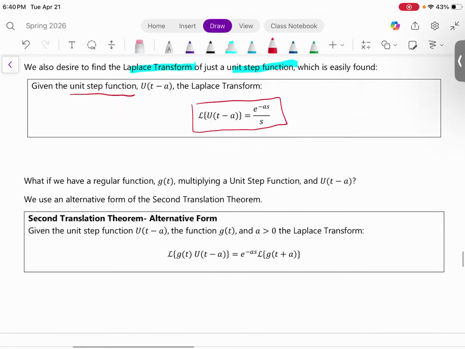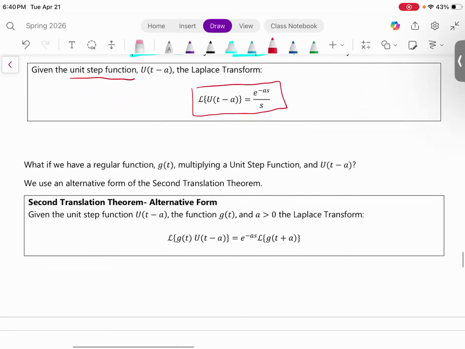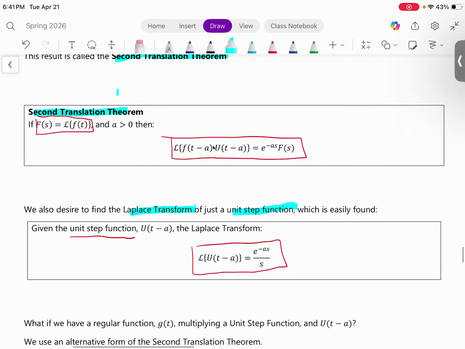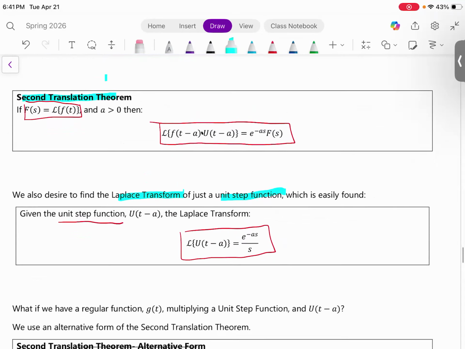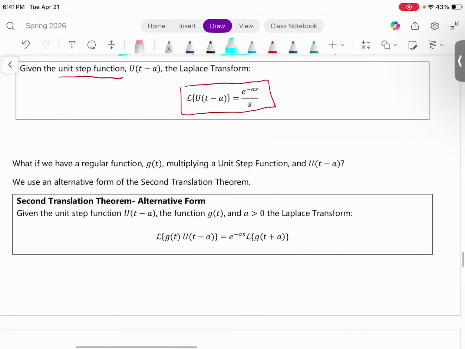And one last thing before we try out some examples is an alternative form of the second translation theorem. So we've been looking at f of t minus a times a unit step function in the previous theorems, right? Well, what if we just have a regular function g of t multiplying a unit step function?